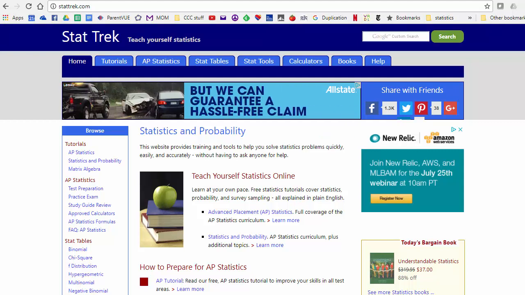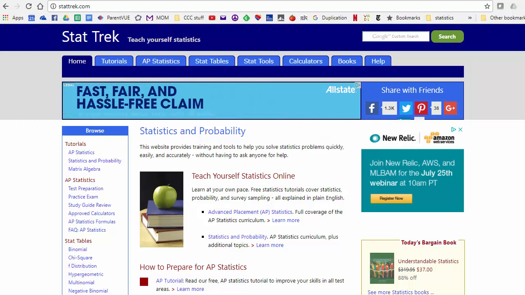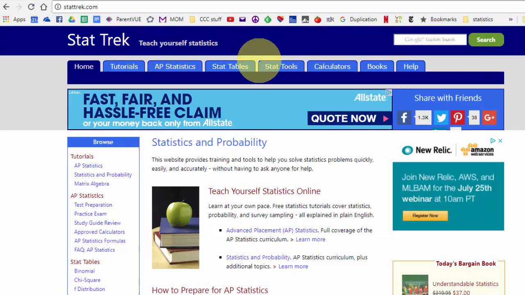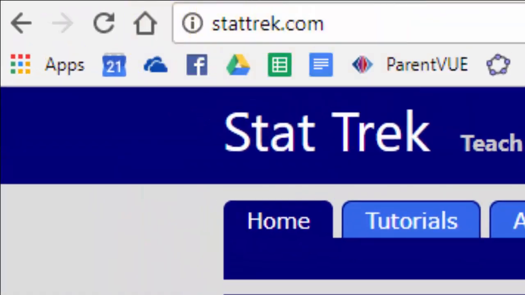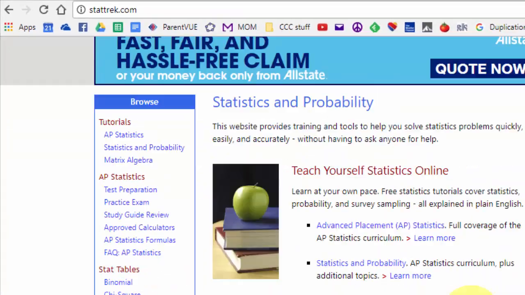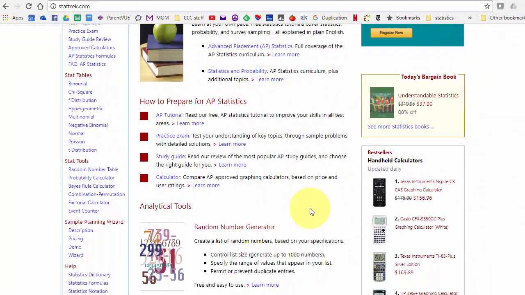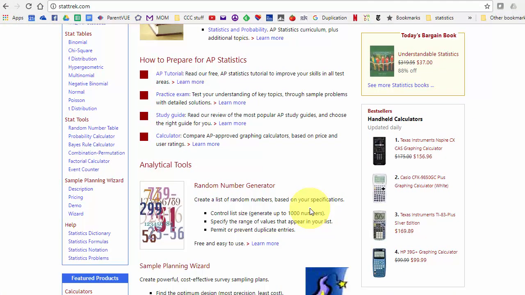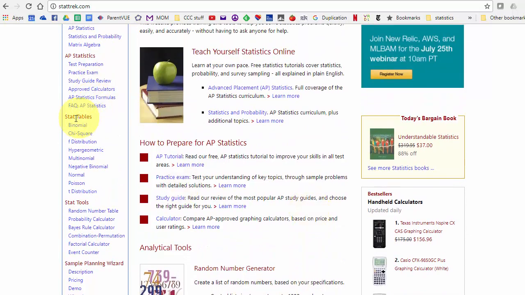The other way is to, well, there are probably lots of ways, but these are the two best ways that I have found. Another way is to go to the website StatTrek, so stattrek.com. And when you get here, you see a bunch of different things. What do we want? We want to look at stat tables for binomial distributions.